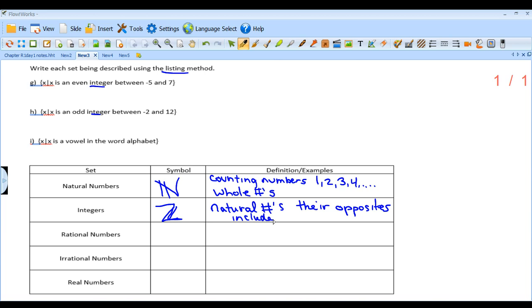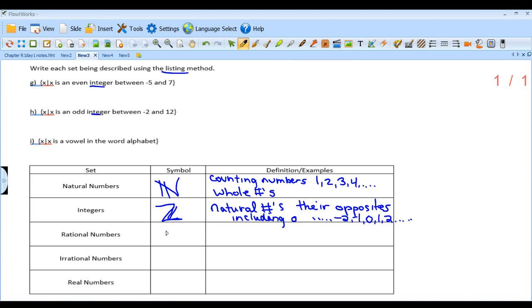So we're going to include 0. For example, we know the list goes on and on with negatives. So -2, -1, 0, 1, 2, and forward.